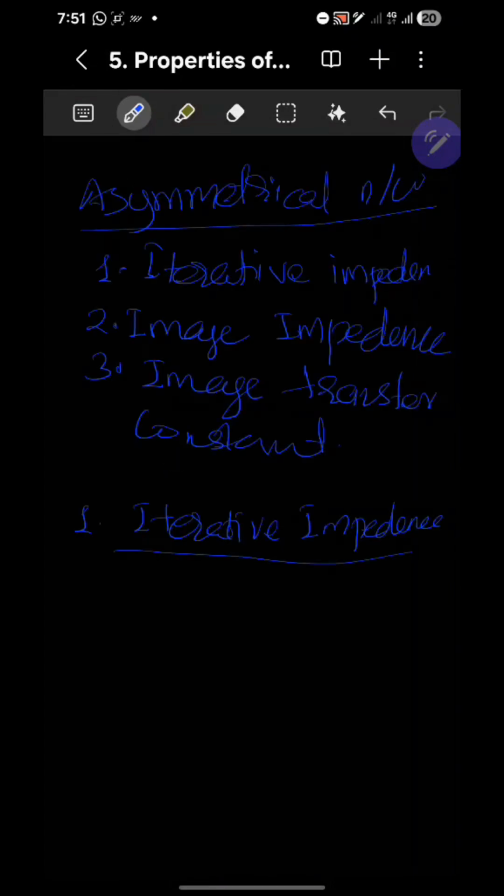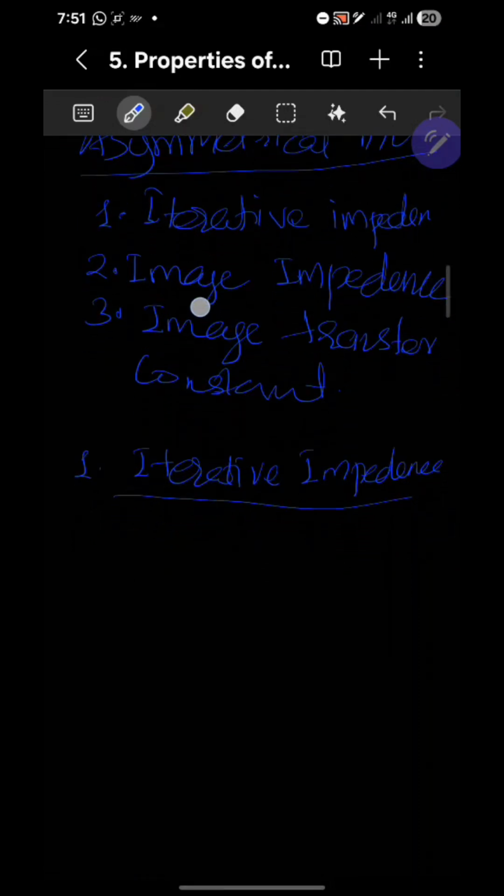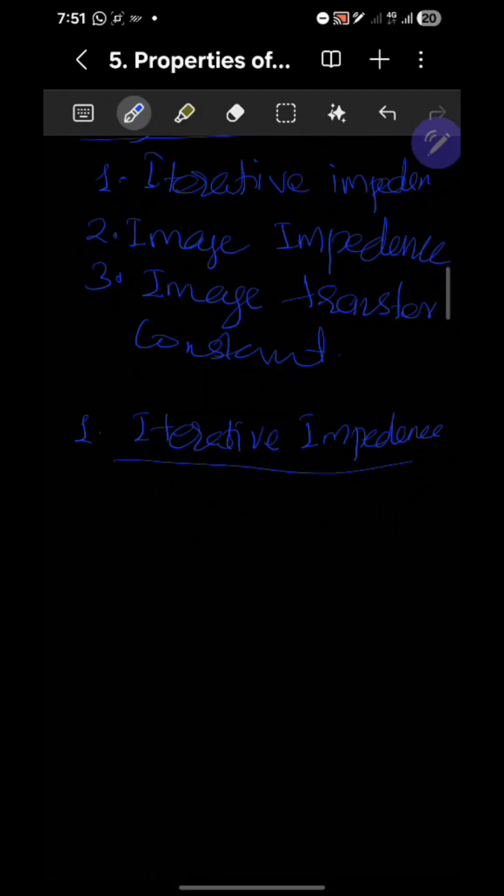Next we'll go to the properties of an asymmetrical network. So these are the three properties of an asymmetrical network. One is iterative impedance, second one is image impedance, third one is image transfer function. So we'll discuss the first one, iterative impedance.